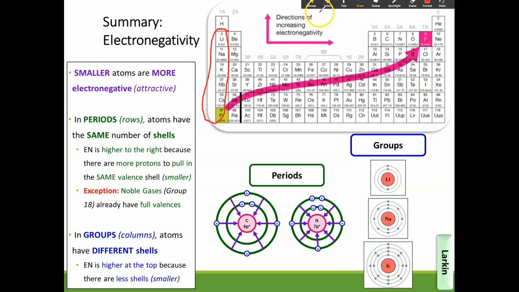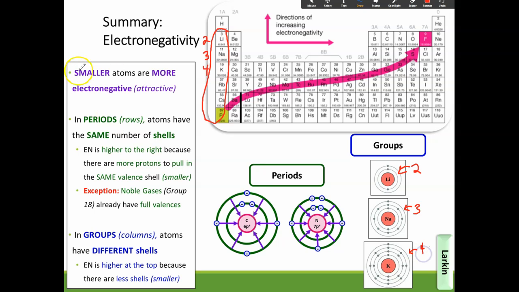As you move down, they have more and more shells, because shells are related to the period. Lithium's in the second row, it only has 2 shells. Sodium's in the third row or period, it has 3 shells. Potassium's in the fourth row or period, it has 4 shells. And you can see those right here. So lithium only has 2 shells, sodium has 3, and potassium has 4.